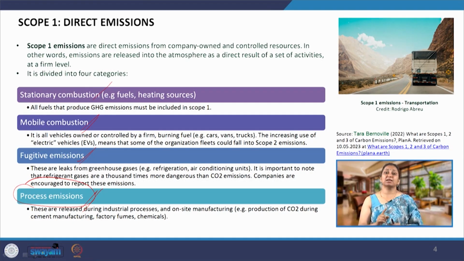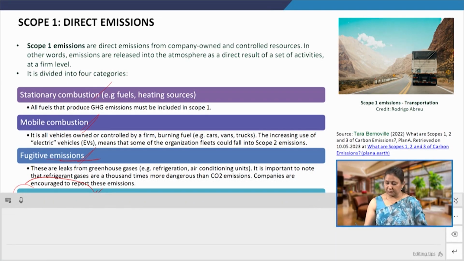But the gas that has leaked, whatever small amount of gas it was, has been emitted into the environment, and the emission that is happening because of that leak is coming into the purview of this fugitive emission.